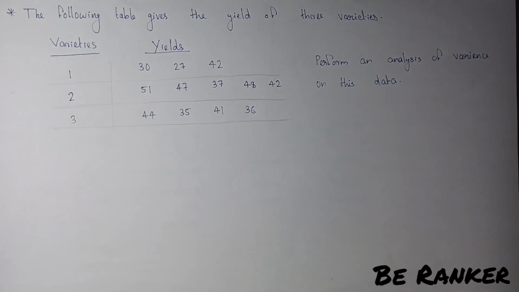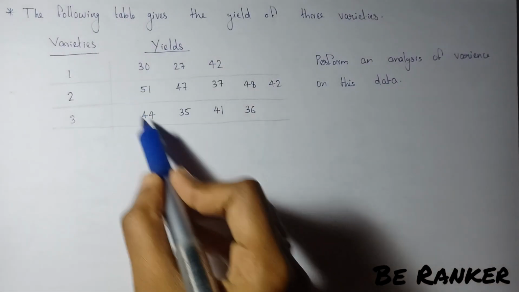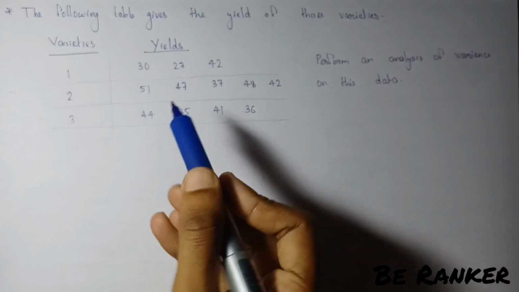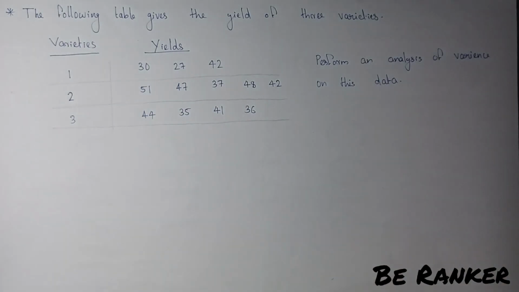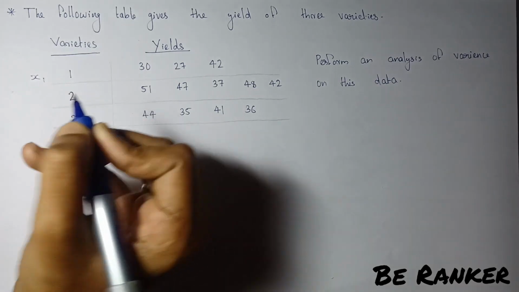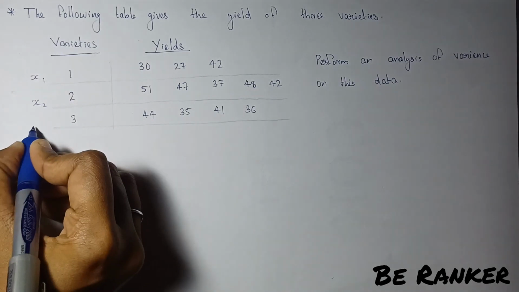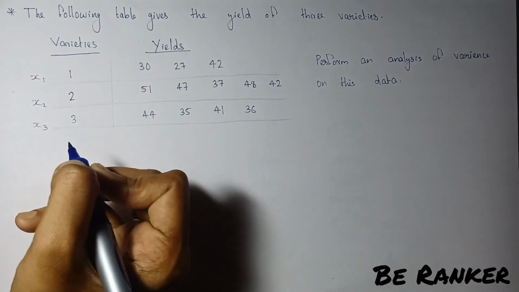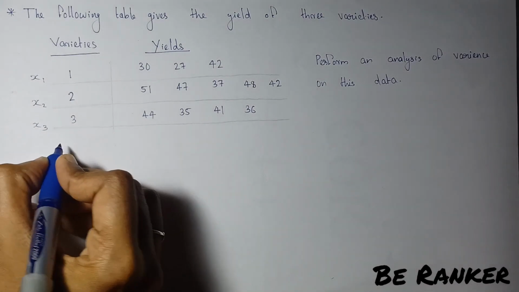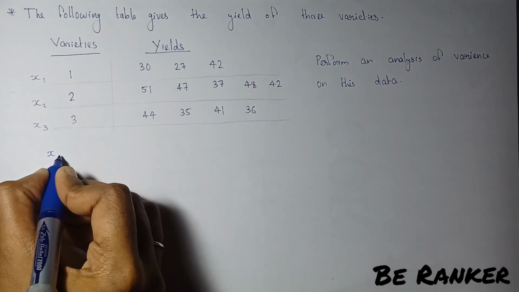So first we want to find the value of T. T is the sum of all observations in the rows and columns. So we want to find the sum of all these values. For that, we name the first row as x1, second row as x2, and third row as x3. Then we find the sum of all rows.